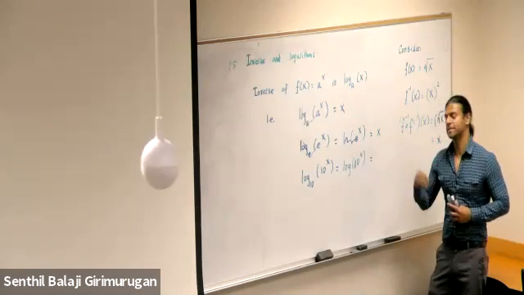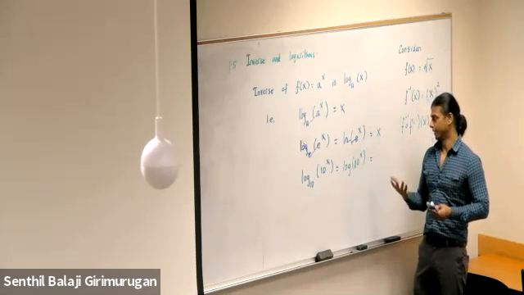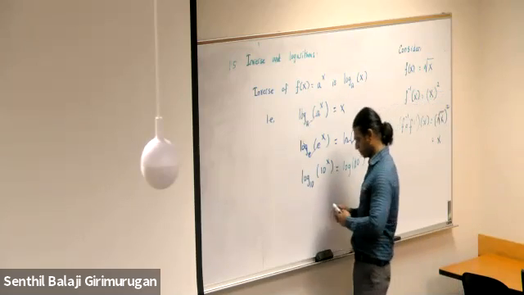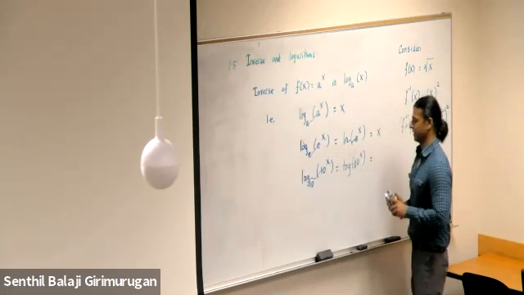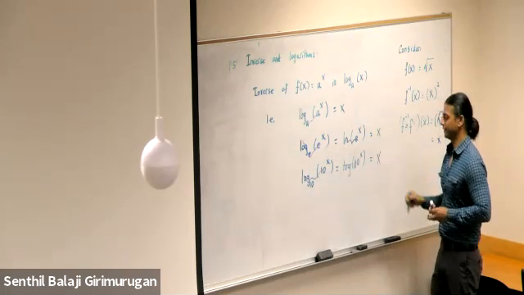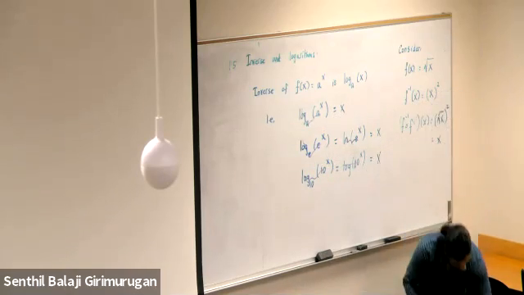Log implies base 10 log. ln implies natural log or log base e. So these two would go away. Those two will get cancelled. You would simply get x. Does that make sense?